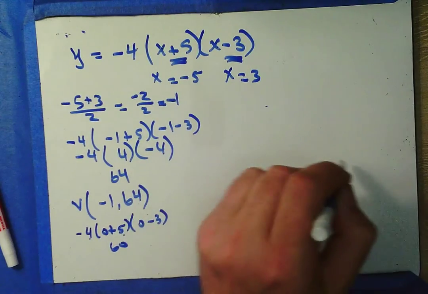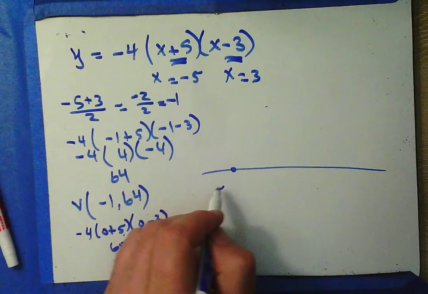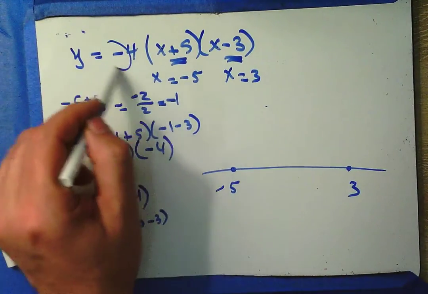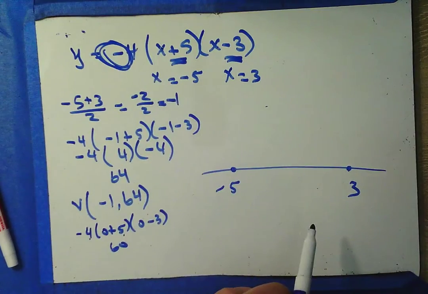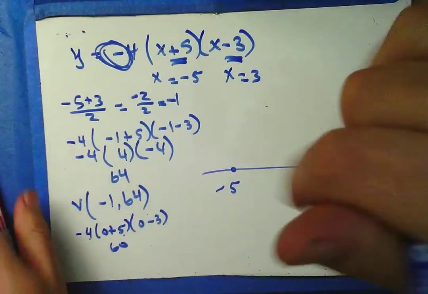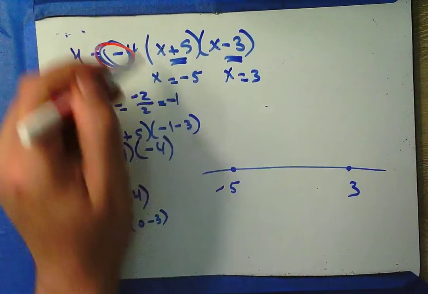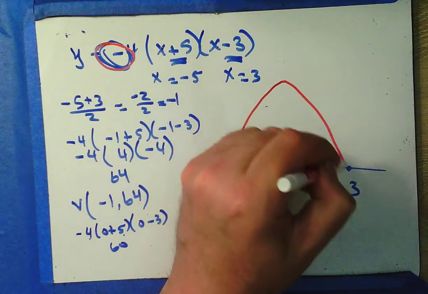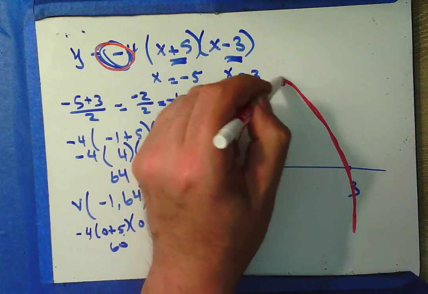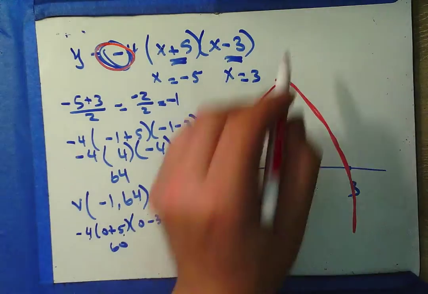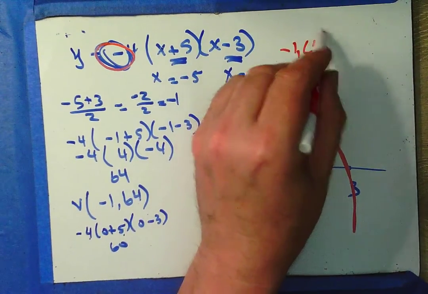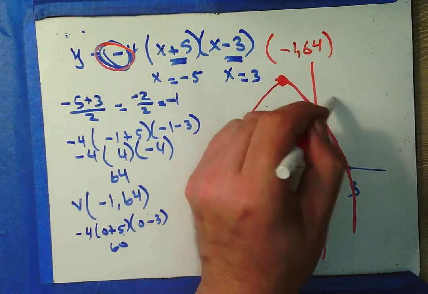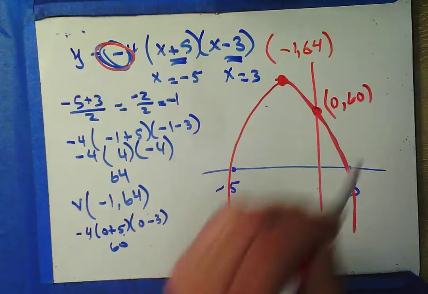So if I go to graph this, I have intercepts at negative 5 and positive 3. I know this is a down-pointing parabola because my a value is negative. I have that negative a value, so I know my parabola has to come down through these points. The vertex is located halfway between them at (negative 1, 64), and the y-intercept we found was at (0, 60).